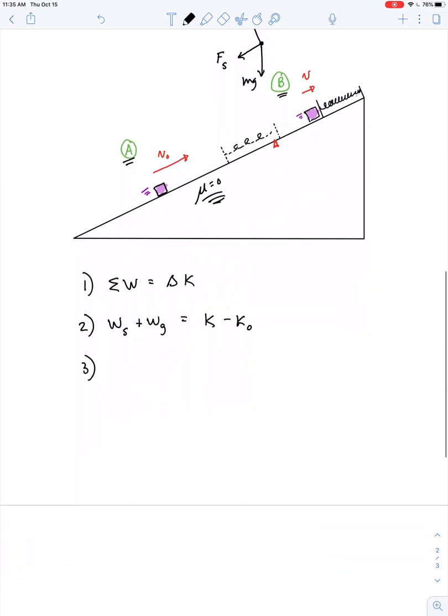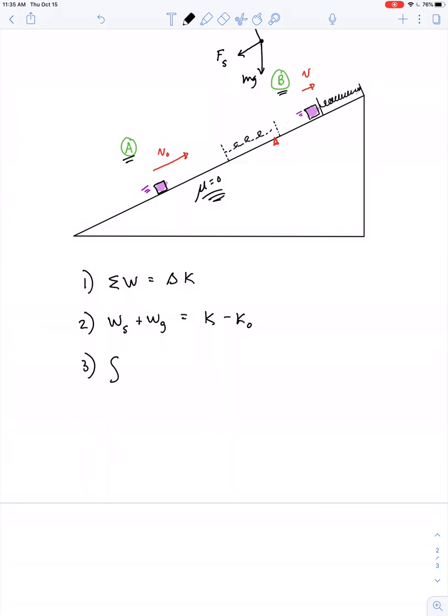Now if we keep this generic, work done by the spring is the integral of the force of the spring dot product with the displacement of the spring. And the work done by gravity is the integral of the force of gravity dot product with displacement along the incline. That's equal to 1/2 m times final velocity squared minus 1/2 m times initial velocity squared.